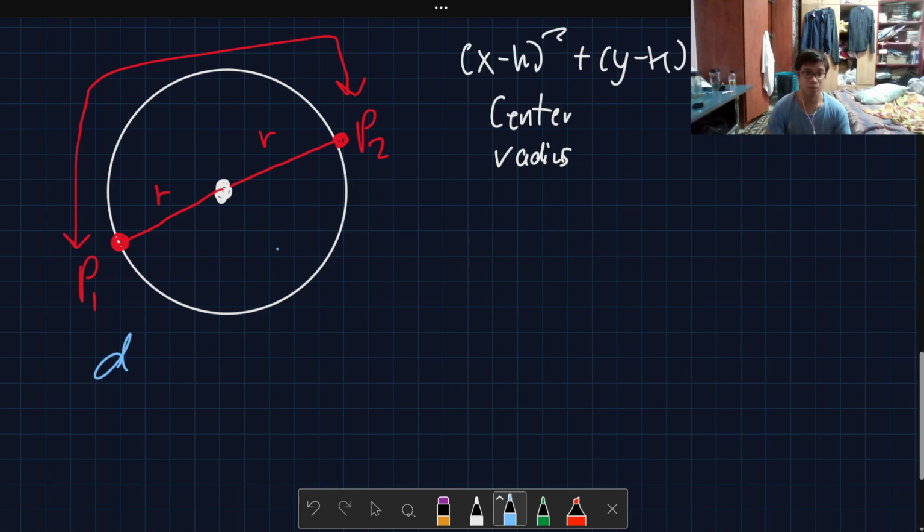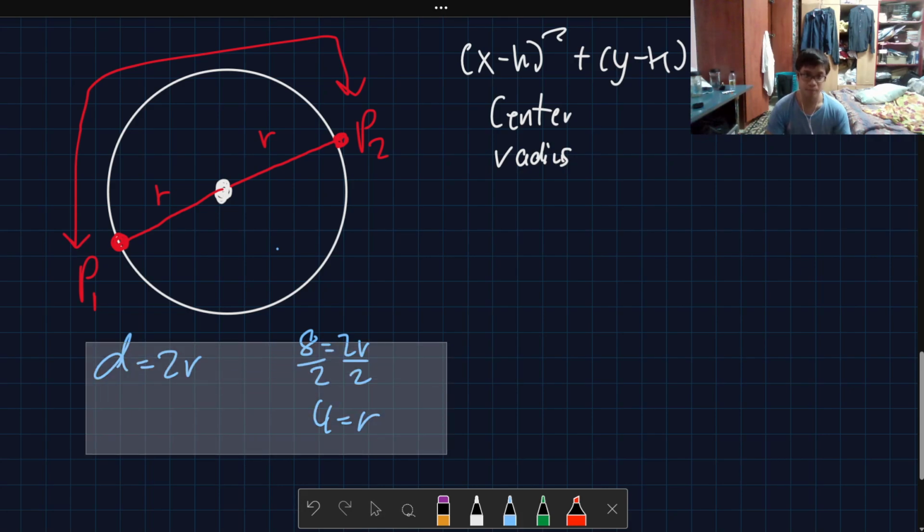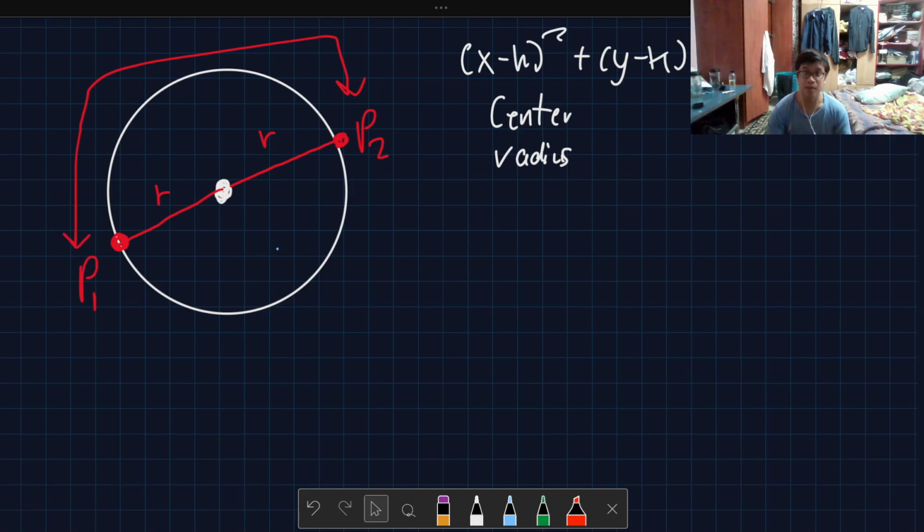Remember, the diameter is twice the radius. So if we have a given diameter, for example 8 units long, I can simply divide both sides by 2 to find the radius. That is a solid plan, but how are we going to find the length of the diameter? Here, we will use the distance formula.